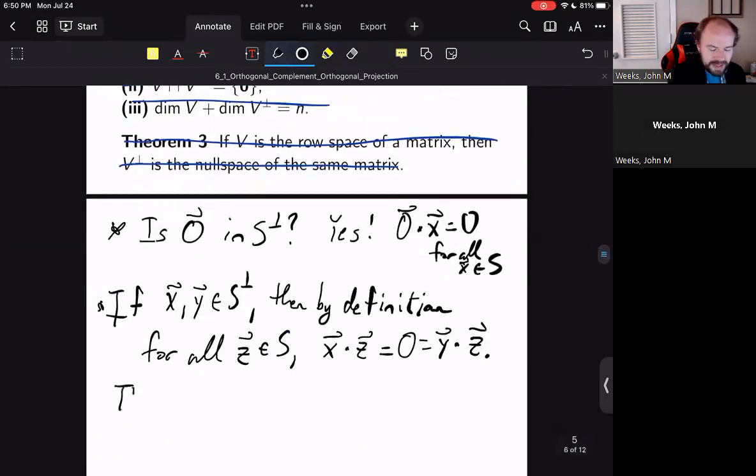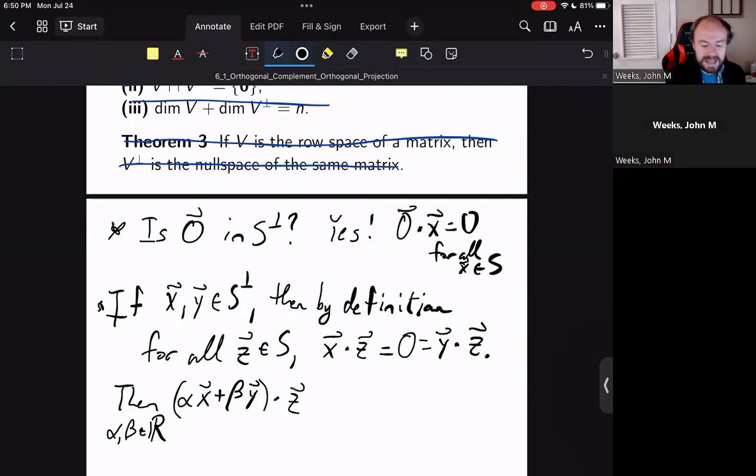Then we can check what happens with alpha x plus beta y. Here, alpha and beta are scalars; if we're working in Rn, those scalars are real numbers. Taking this dot product with z, again a generic element of the set S, we can use the trick that the dot product is linear in each variable. So we can break this apart as alpha x dot z plus beta y dot z.